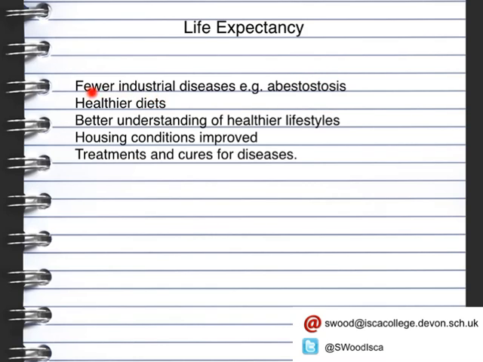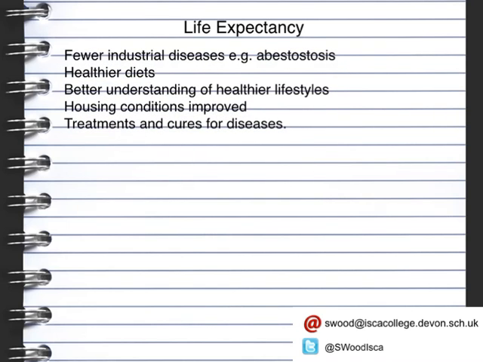There's also healthier diets. There's more understanding of what healthier lifestyle means, so we don't tend to die of malnutrition or anything to do with diet. There's also the better housing conditions now than there was in the past, and there's also better treatments for diseases.